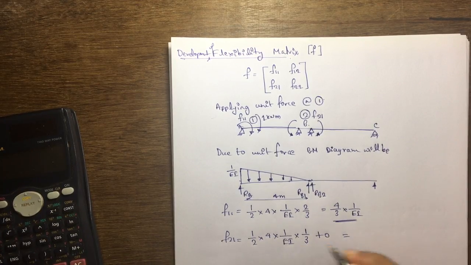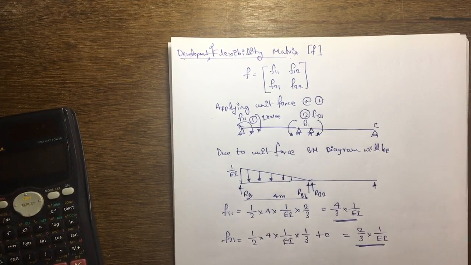If I simplify this one, 2 ones are 2 by 3 into 1 by EI. So these are the first two terms.